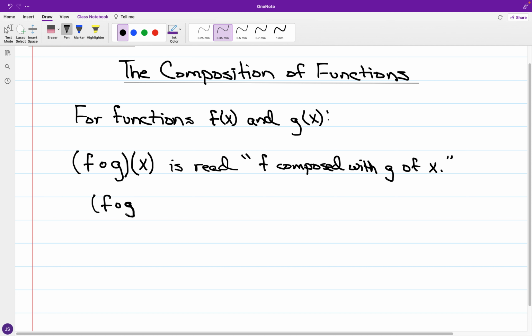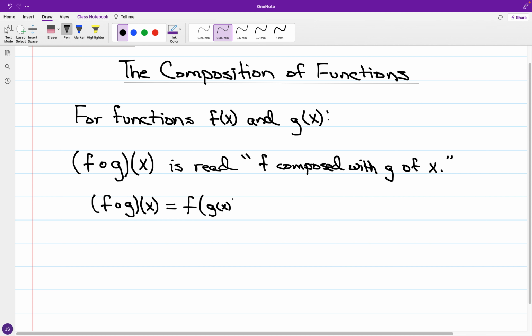Now, when we first looked into functions, we had that x was the input or independent variable, and y was the output or dependent variable. Well, in the case of f composed with g of x, you have an intertwining of two functions. If you were to cluster this together, you would have f of g of x.